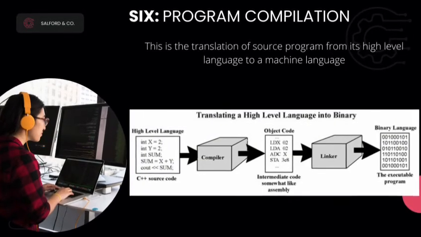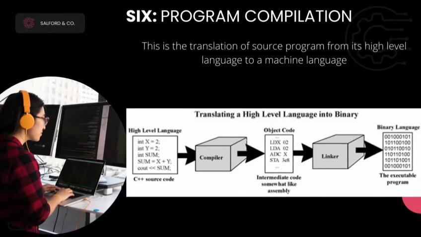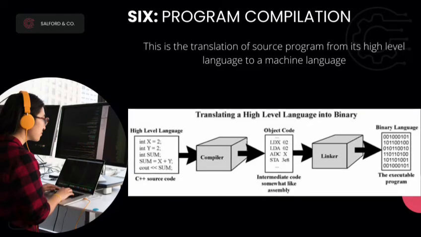Next is program compilation. Are you through writing your program? What then is for you to compile the program? Now, compiling your program simply means that the program is written in high-level language and it's submitted to the computer for compilation. It is checking, okay, let us see if your program is actually correct.